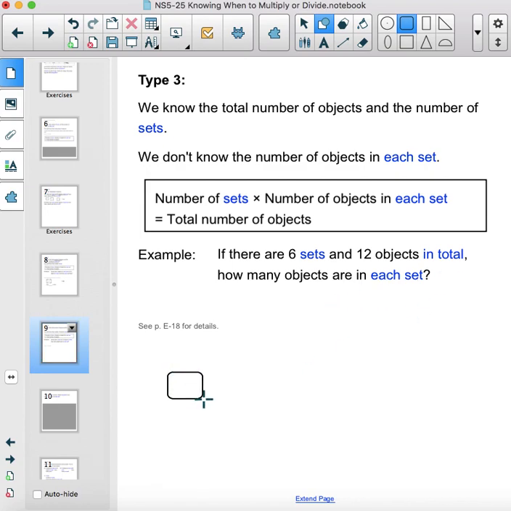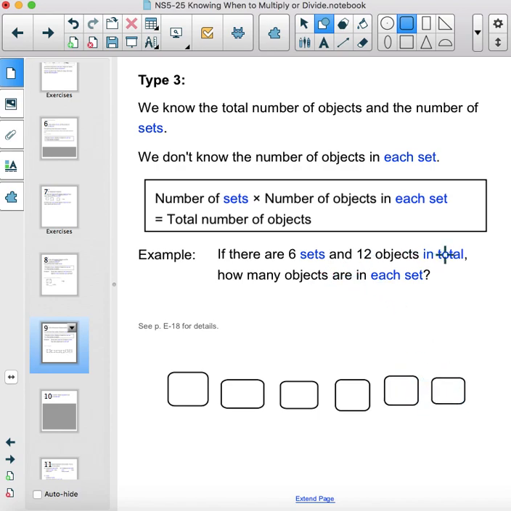For example, 6 sets, 1, 2, 3, 4, 5, 6, and 12 objects in total. So I know this time my equation is going to look like this, equals 12. How many objects in each box? So in this case, that would be 6 times what equals 12?